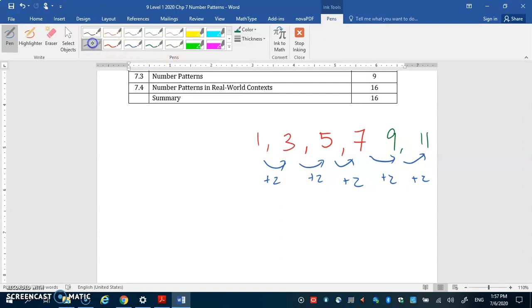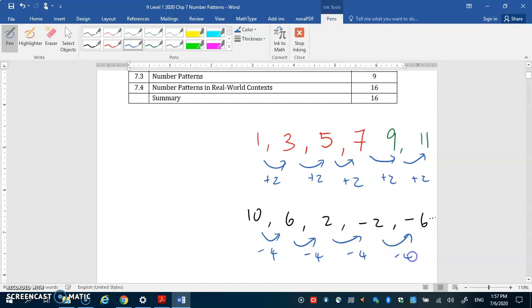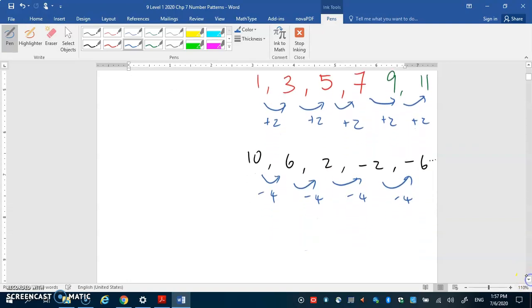For example, if I give you 10, 6, 2, negative 2, negative 6, what is the pattern? It is a minus 4, minus 4, minus 4, minus 4, and so on. Okay, so you can have addition, you can have subtraction, you can have multiplication, you can have division, you can have powers, etc. Okay, and the numbers over here need not be whole numbers.